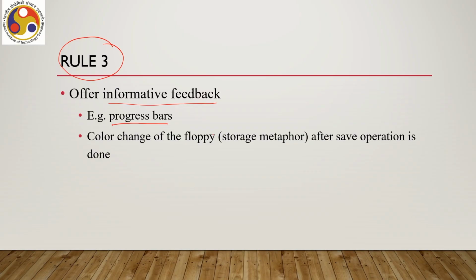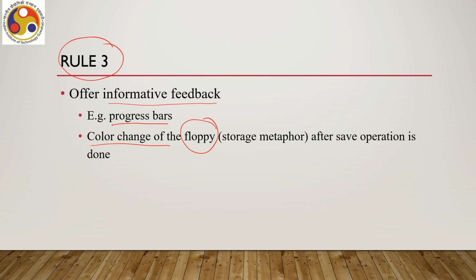Similarly, typically to save a file, we get to see that after the saving operation is done, if it is done successfully, then there is a color change on an image icon that shows a floppy disk, an earlier storage device instance. It used to be the case in most desktop applications even a few years ago that there is a color change.